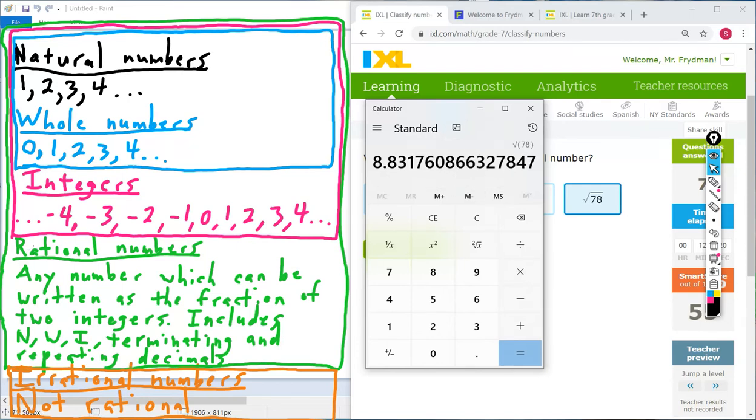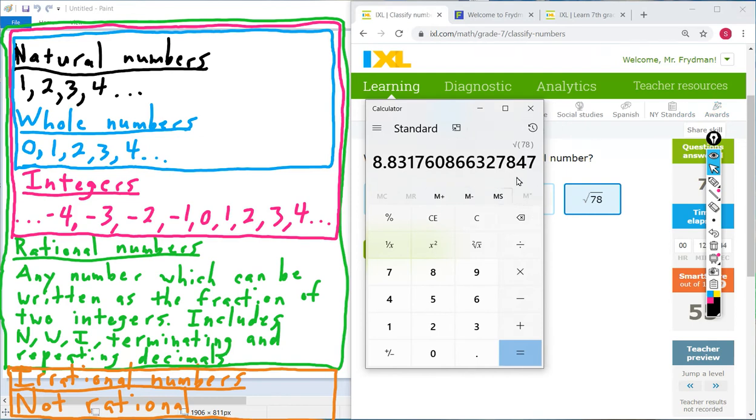Now, if I'm thinking of rational numbers, decimal answers are actually okay as long as they are terminating, meaning they end at some point, or they repeat. Even if they go on forever, that's also okay, but they have to repeat themselves, like 1, 2, 1, 2, 1, 2, etc.